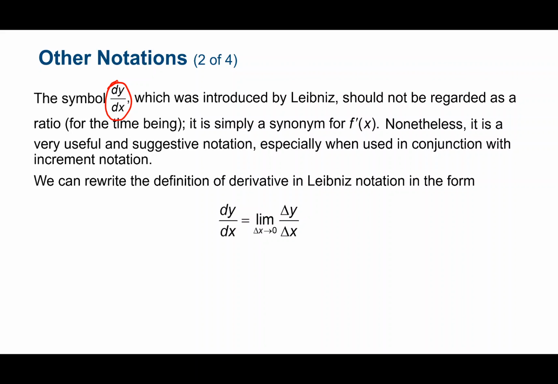It'll be useful to us down the road to think about it actually as a ratio of two things. But right now, you don't have to. And a lot of times that dy dx gets lumped into that delta notation we used last time, and you can write things like this: dy dx equals the limit as delta x approaches 0 of delta y over delta x. That is kind of nice, I'll admit.